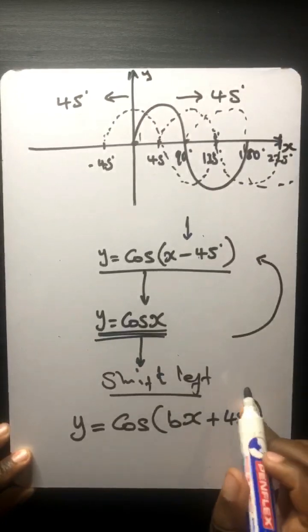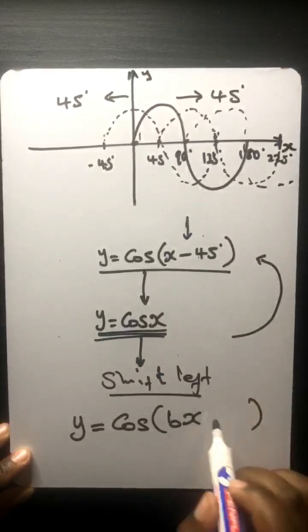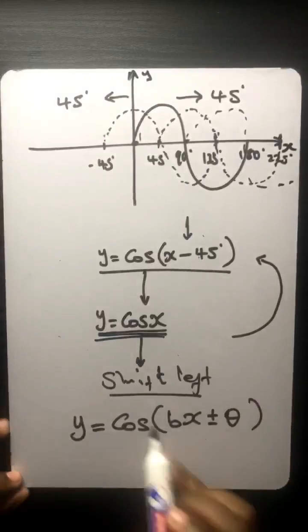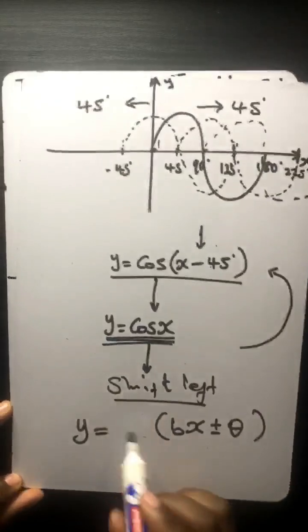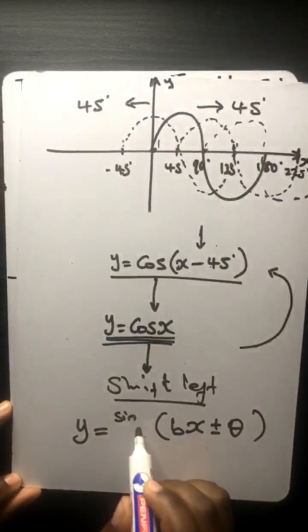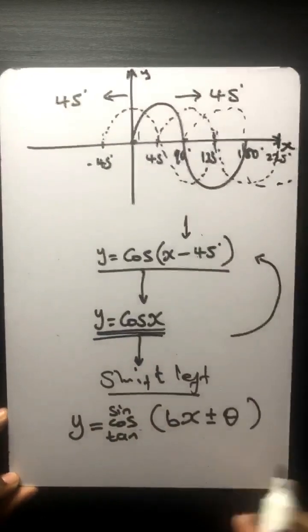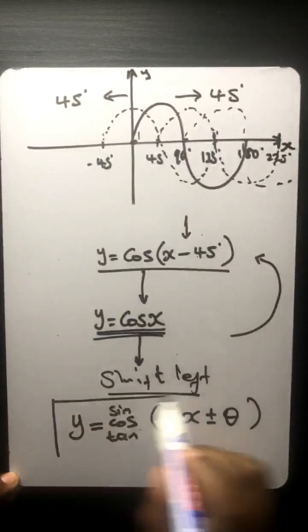Whatever the trig ratio could be, it could be sine, cos or tan.